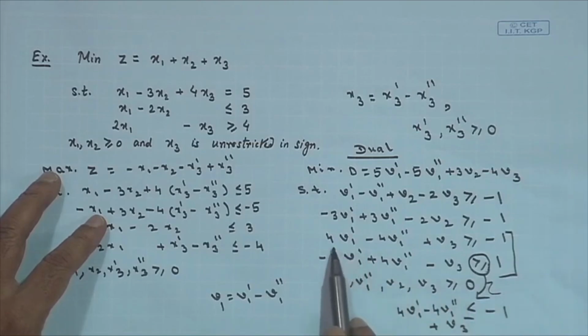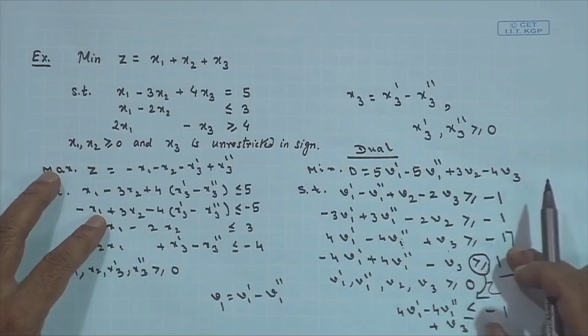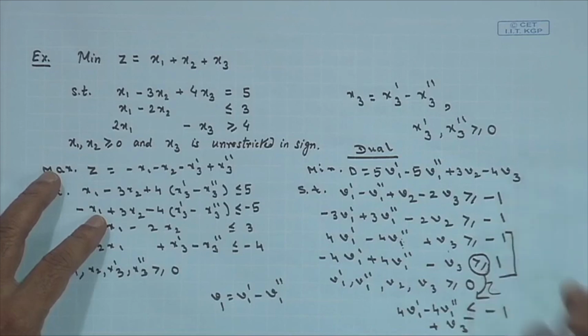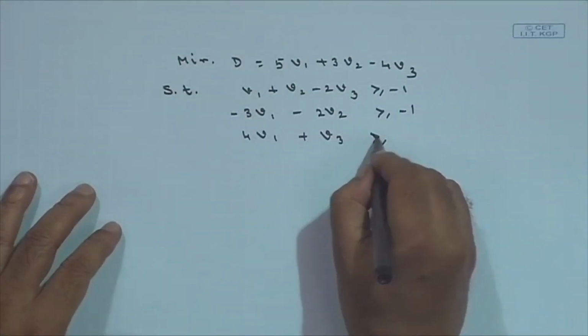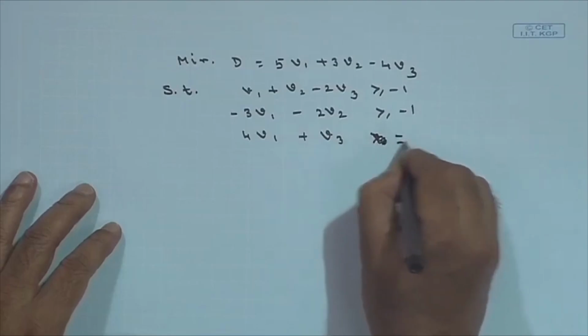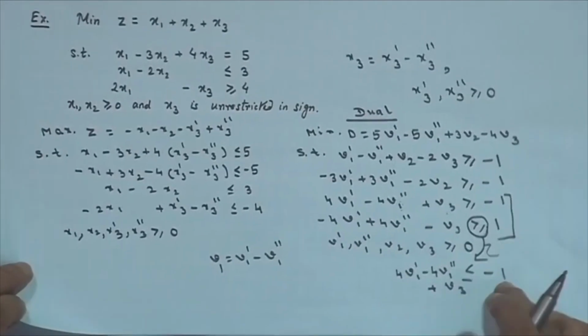And the first one is 4 v 1 dash minus 4 v 1 double dash plus v 3 greater than equals minus 1. So, I convert this less than equals type and greater than equals type, and I can write one equality type constraint. So, this will be 4 v 1 plus v 3 equals minus 1.